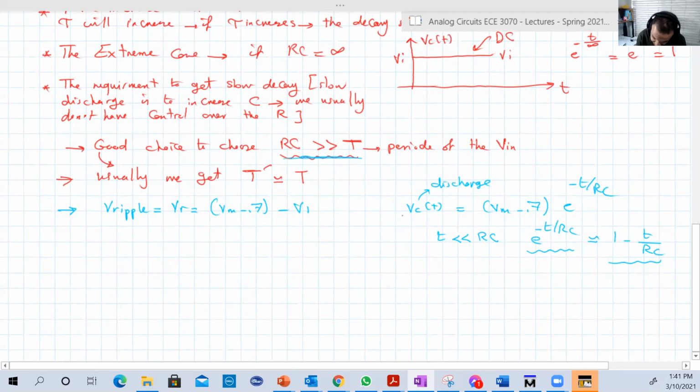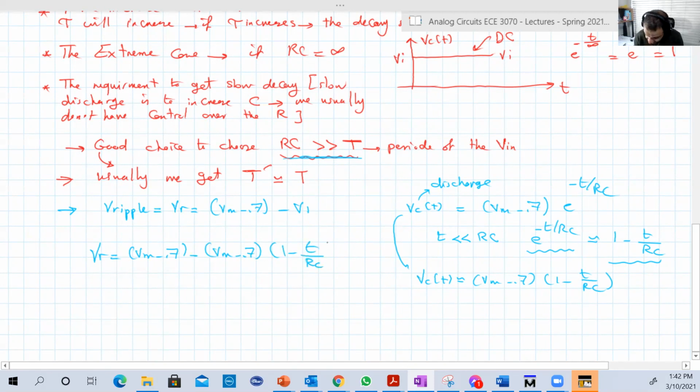So Vc of t is approximated as (Vmax minus 0.7)(1 minus t over RC). So let's apply that here. VR equals Vmax minus 0.7 minus (Vmax minus 0.7)(1 minus t over RC).